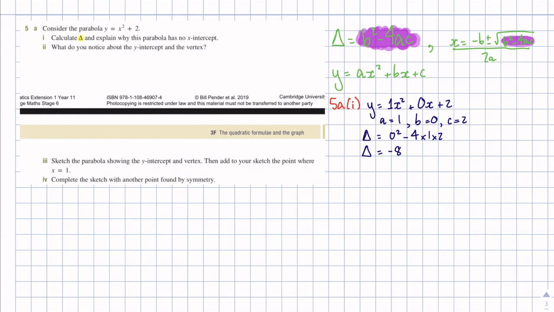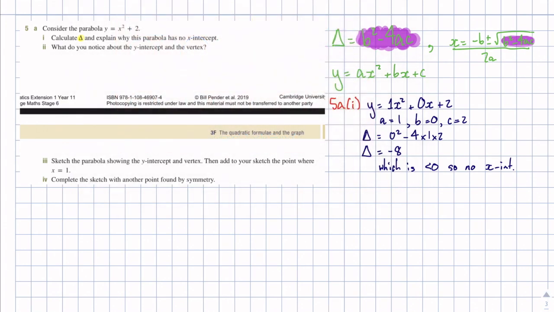When that's negative, you can't square root it, so you get no x-intercepts. So, which is less than 0, so it's negative, so no x-intercepts. Which means it happens all either above or below the parabola. Well, in this one, it'll be all above because it's a positive.